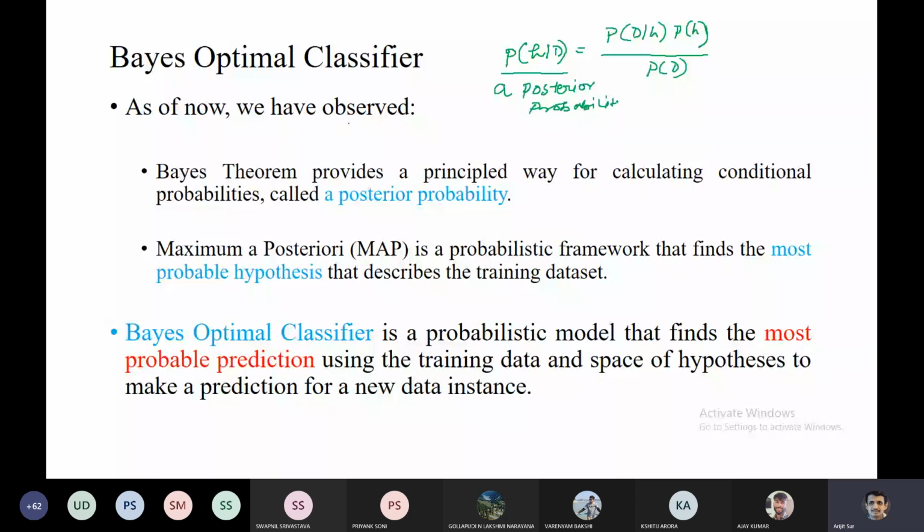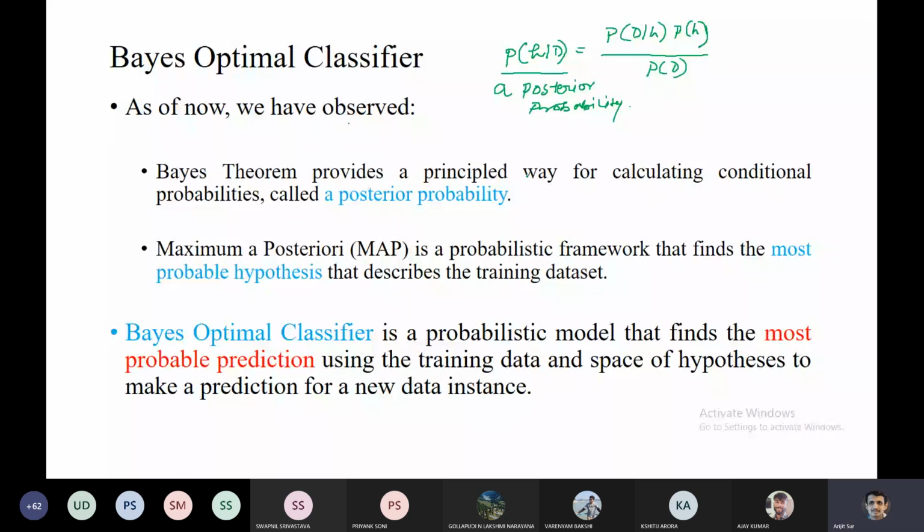Why is it a posterior? Because in this probability, knowing the data sample, we try to find out the probability of hypothesis function H. So this is called probability.